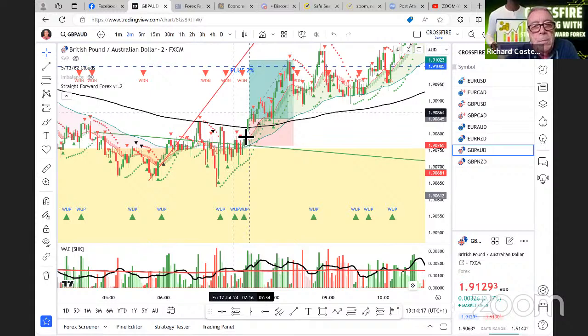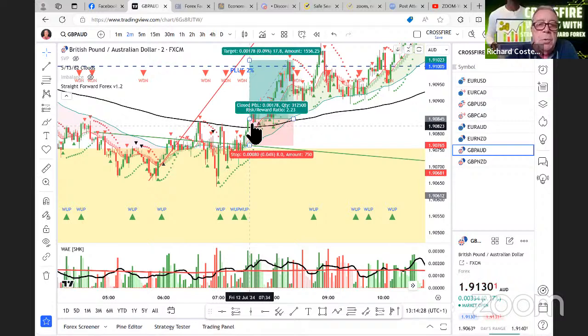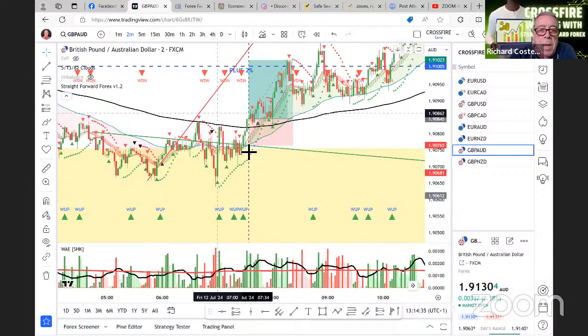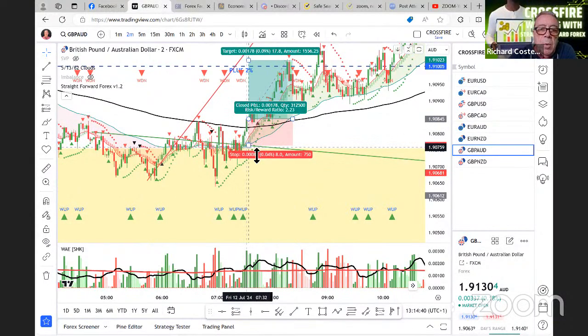But the black line, the 200 moving average, was in the way when we got that first wave up. So I waited until price got above and away from the 200, and I got in on the very next candle there. And the reason I got in was because the red moving average had moved above the green moving average. So we were into a green cloud.